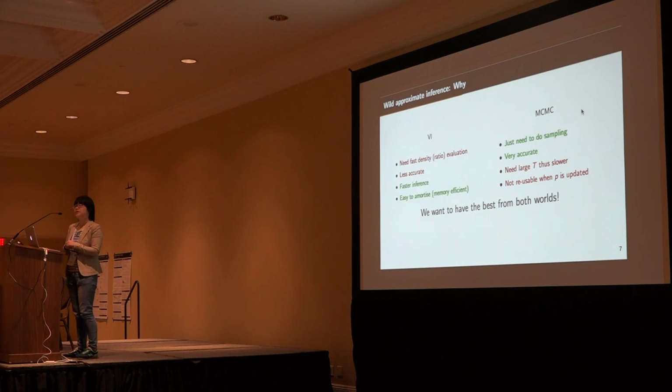However, if you want a very accurate MCMC method, you need to simulate the Markov chain for a very long time, which means MCMC is slower than Bayesian inference. And another big advantage for Bayesian inference, which is very fascinating especially for deep learning people, is that Bayesian inference is easy to amortize. In the Bayesian autoencoder setup, you basically want to train a recognition network that maps your observation X to the approximate posterior distribution of your latent variable Z.